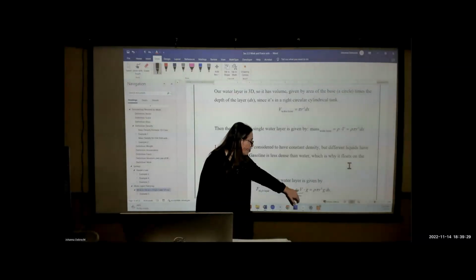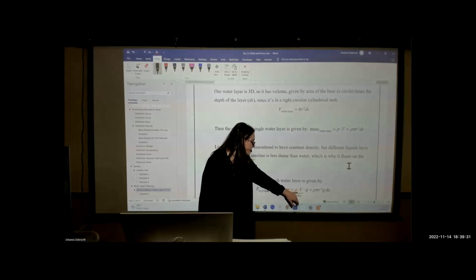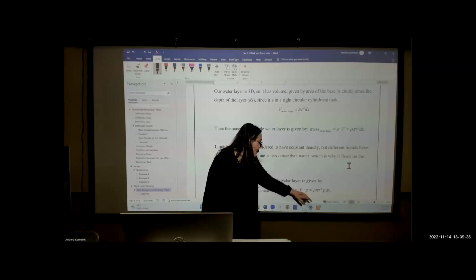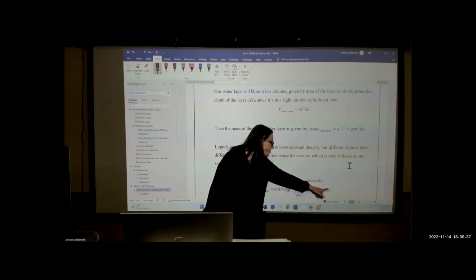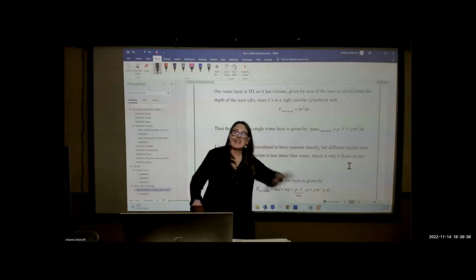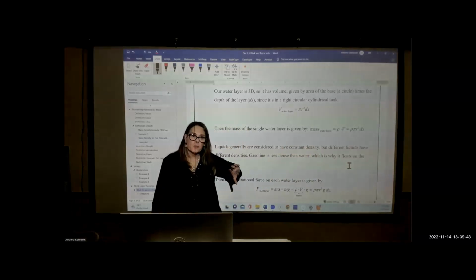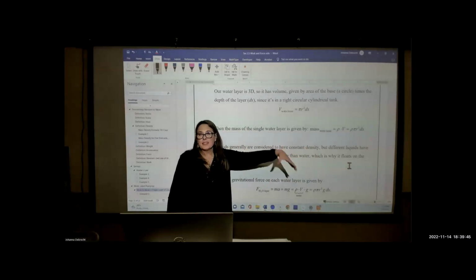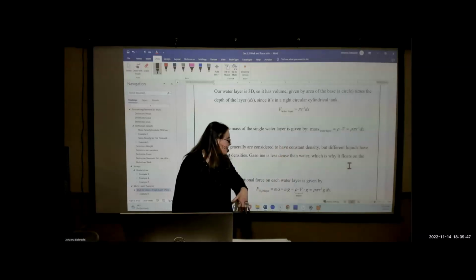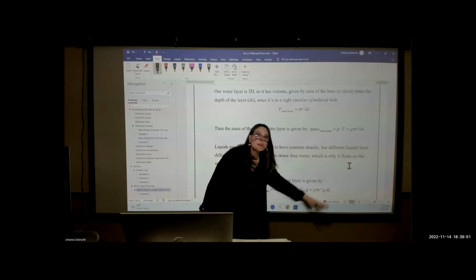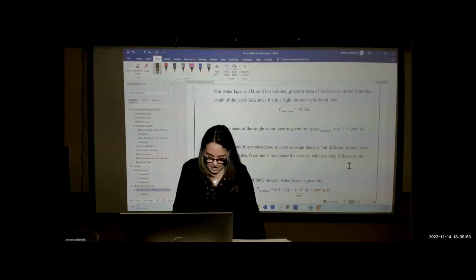So we have rho times volume, that's our particular mass, times gravity. And our volume is pi r squared dx. And notice that we kept the dx at the back. It's actually a part of the volume, but we kept it at the back because that's where differentials go. All right, so we have rho pi r squared times gravity times dx. Now that gives us the force.